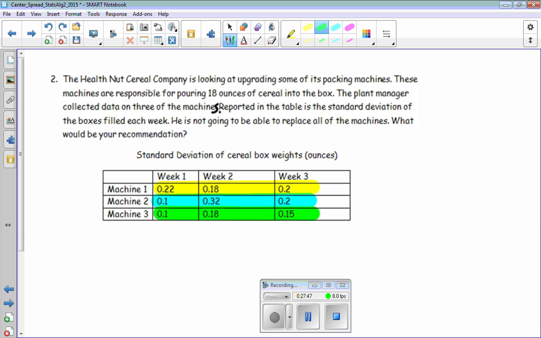Why, Raul, would you replace machine 2? It has a really large 0.32 standard deviation. I agree the other two are small, but this one has a large standard deviation. Anybody have a different reason? That one's pretty inconsistent. Would you agree, machine 2? It's not very consistent.